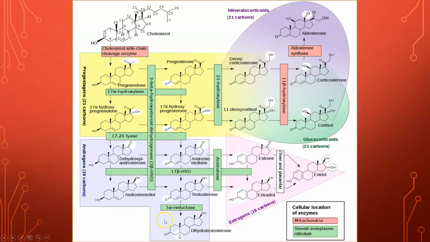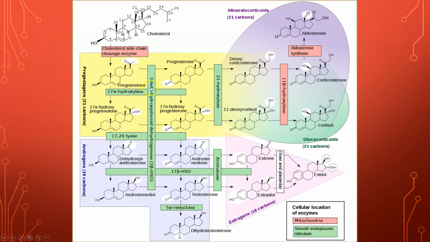So here are your androgens here. And so again, from pregnenolone and progesterone, you can go down this pathway here and make testosterone, but you can also go this way, or you can go that way. There's different pathways to make testosterone, requiring different of these enzymes here.